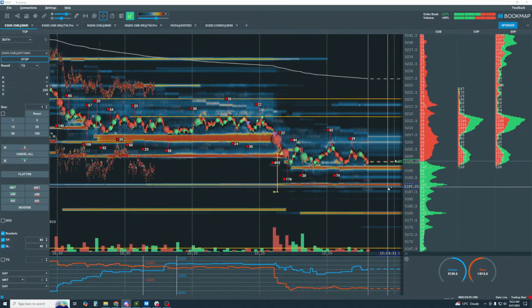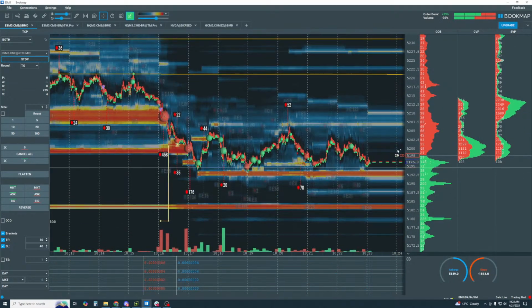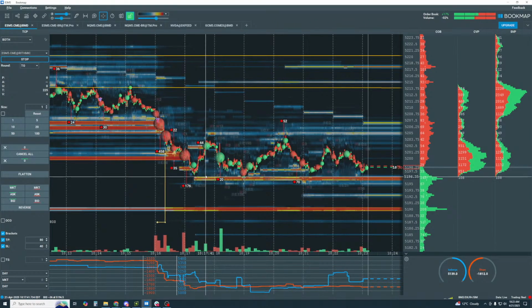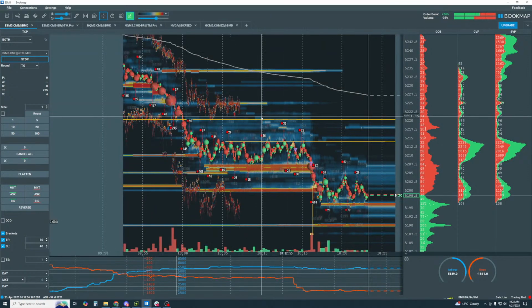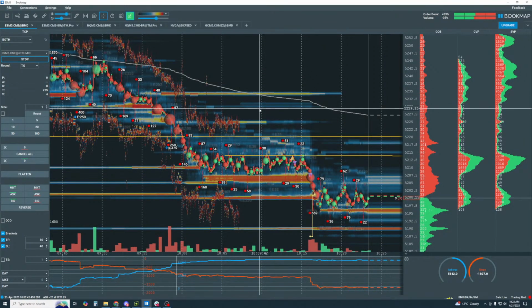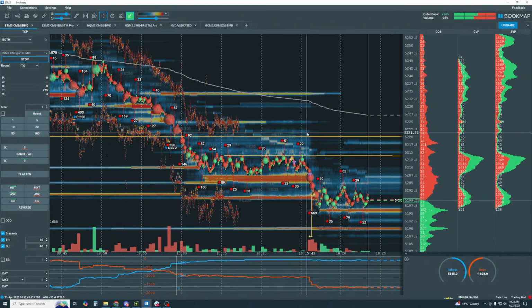All right, so let's see what else we got going on here. We're just in front of that night. There's liquidity here at 96. Now there's a couple other things we want to go over, things we see day in and day out.